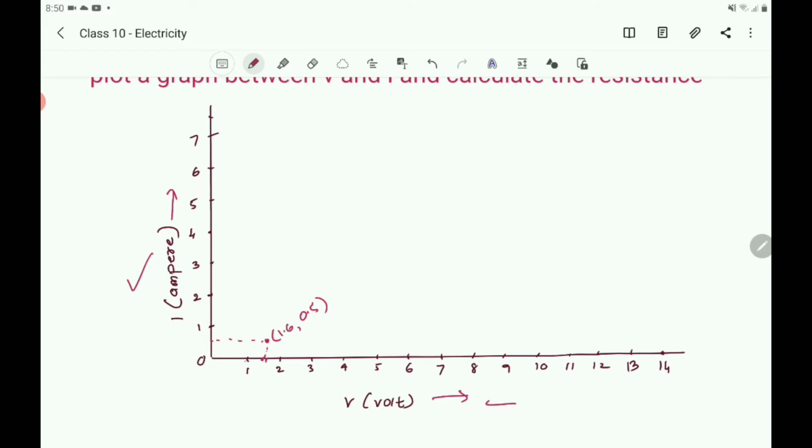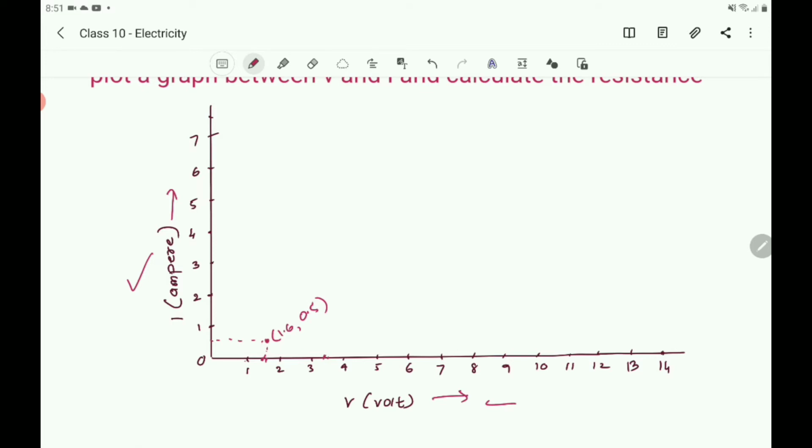Next, volt is 3.4 and 1.0. Here the question is plot a graph between V and I. So we have taken V on x-axis. So let us consider the first value for V, that is 3.4. 3.4 means this is the middle of 3 and 4, which is 3.5, and a little less you take here.